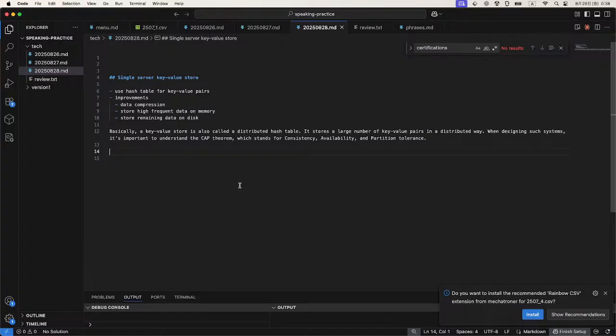But in real life, we cannot avoid network partitions in distributed systems. So when a network partition happens, we have to choose only one from consistency or availability.